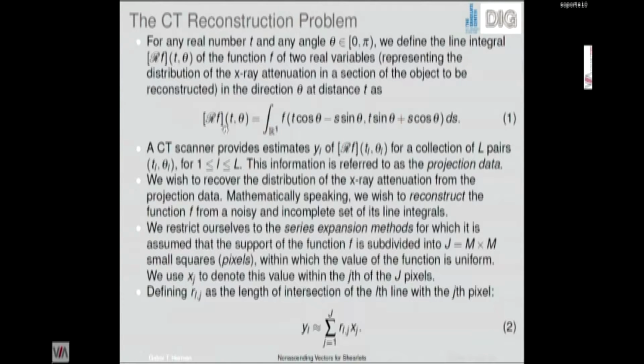And the lines are parameterized by an angle of rotation relative to the coordinate system and by a distance from the origin. Every line is uniquely describable by a pair like this. And the Radon transform of the function f for t and theta is defined as the line integral of f along that line.